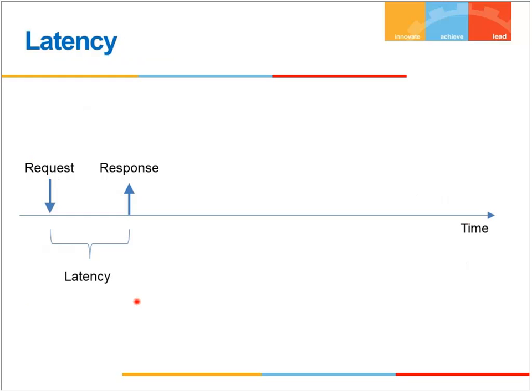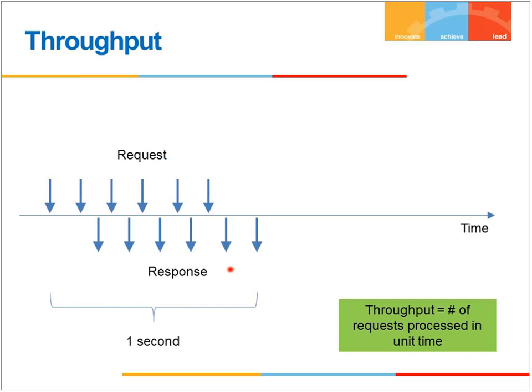Latency is nothing but the time between the request and the response. For throughput, suppose this is 1 second. Different requests are coming at different points in time within this 1 second, and the responses are also coming. We have to see how many transactions or requests were processed in 1 second. That is called the throughput.